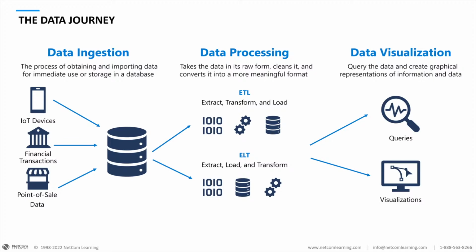The first one is called ETL, or extract, transform, and load. When we use ETL, the data is retrieved and transformed before being saved. So here we've extracted the data, we transform it, and then we load it into the system.